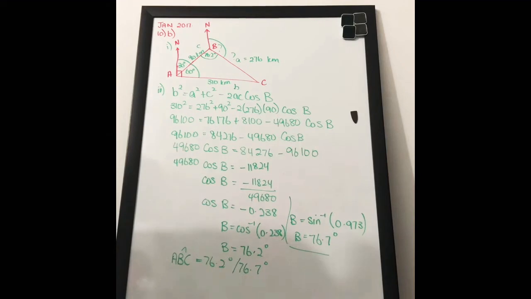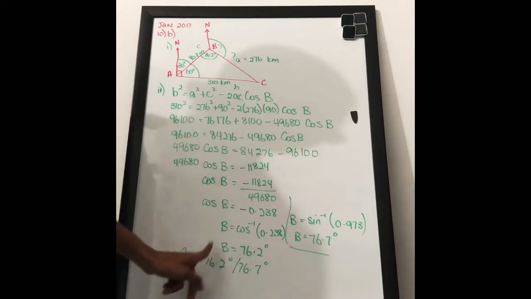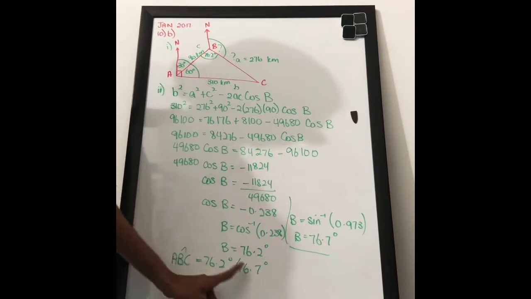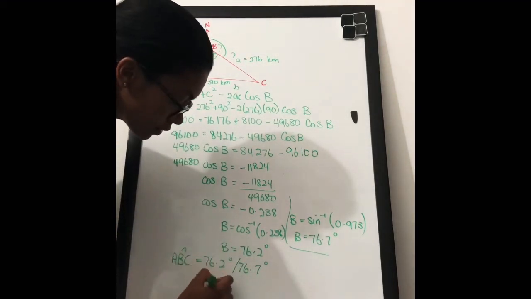By the way, for this one they ask for the answer to the nearest degree. Remember, if we had 76.2, when we round this we would get 76. If we use 76.7, when we round it off we get 77. So let me just go with 76 for now.